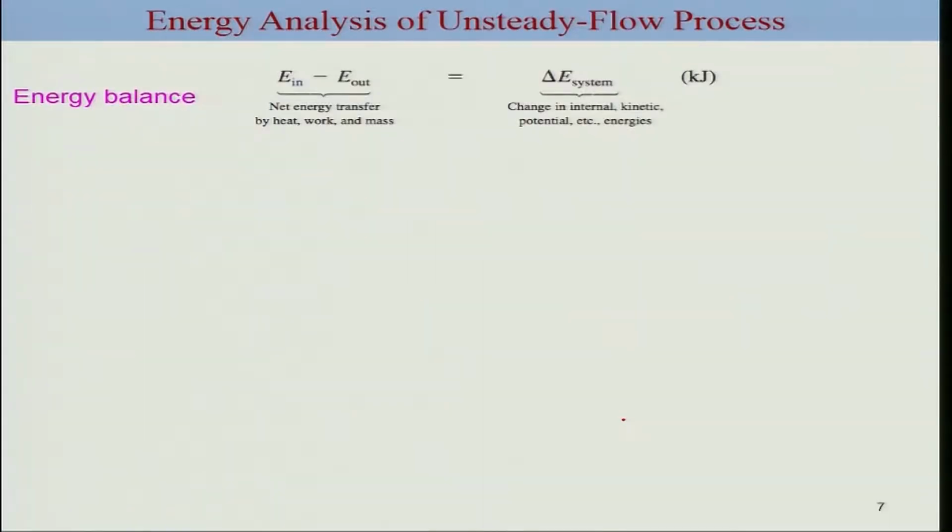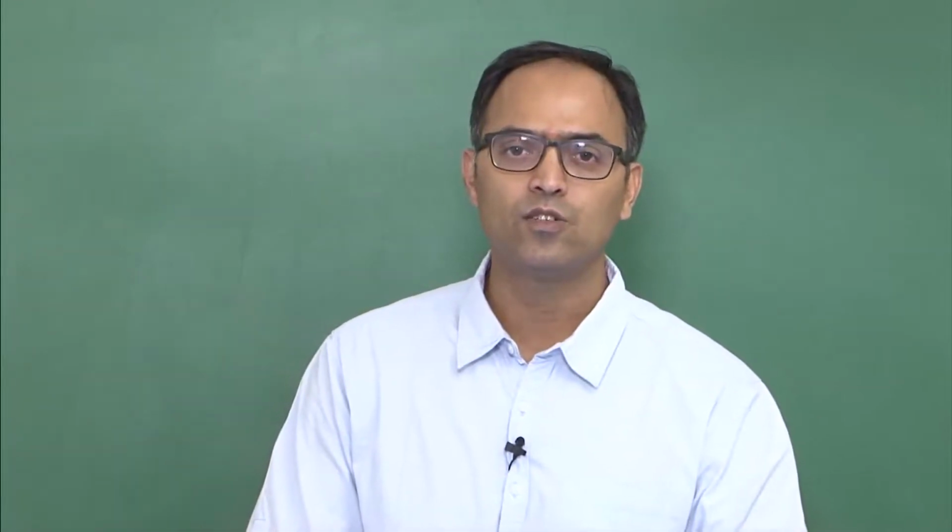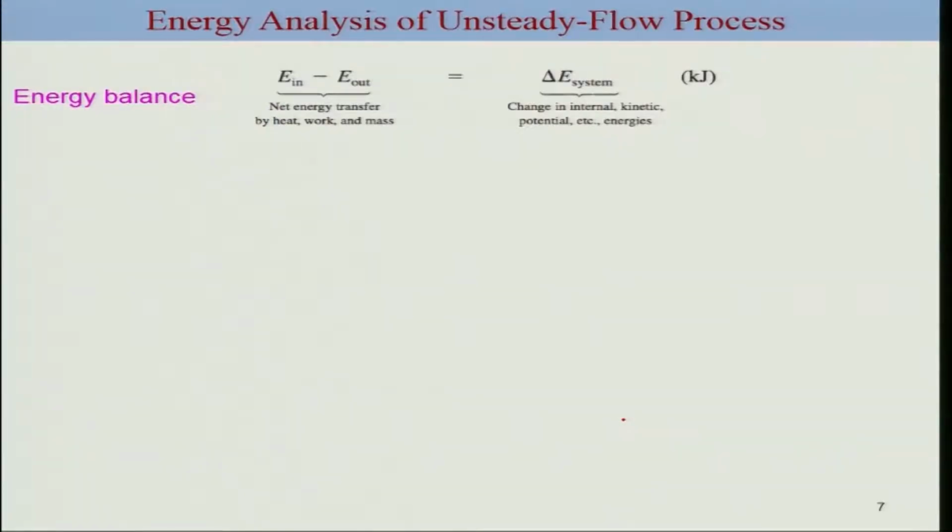What about the energy balance? We will start again with the general energy balance, which is nothing but the net transfer of energy to the system due to work, heat and mass flow being equal to the net change in the energy of the control volume, that is, the change in the internal energy, potential energy and other energies of the system.